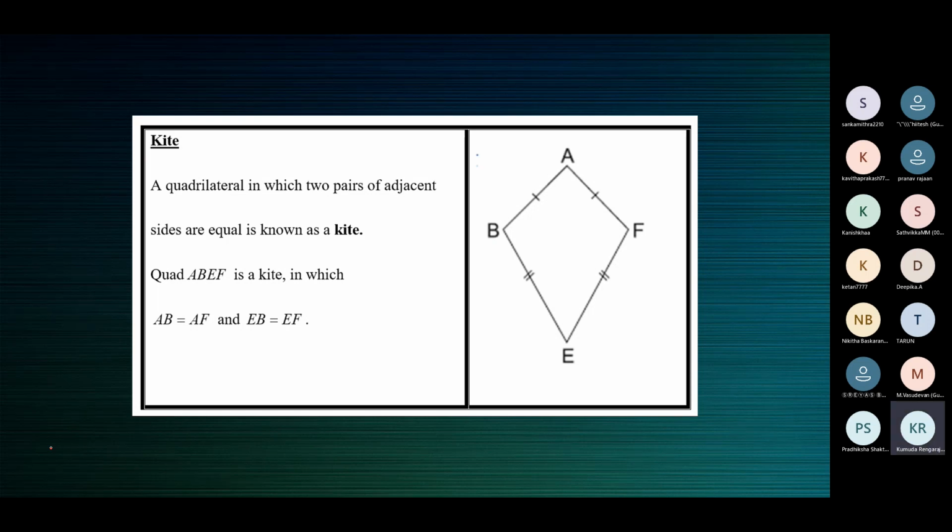So no parallel lines here. So quadrilateral ABEF is a kite in which AB is equal to AF and EB is equal to EF. Two pairs of adjacent sides are equal, so it's called a kite.